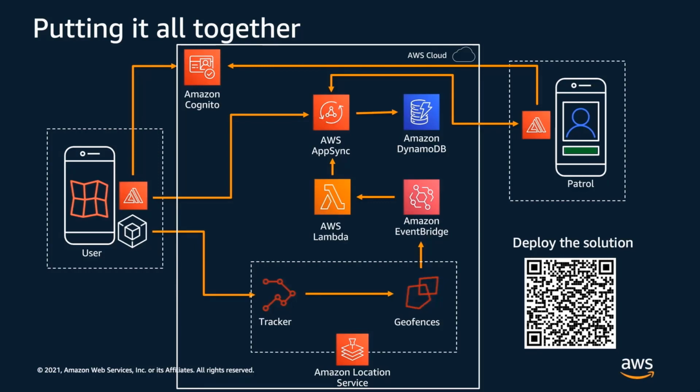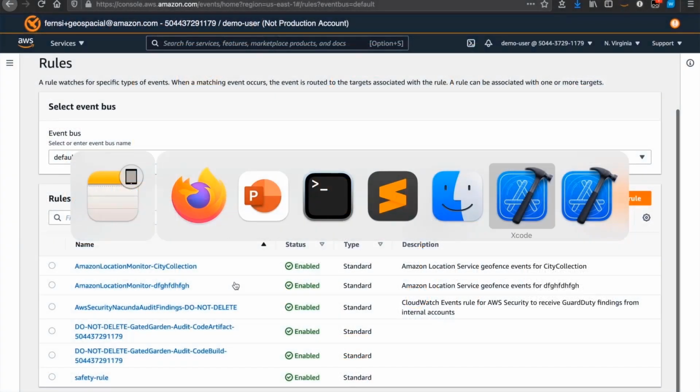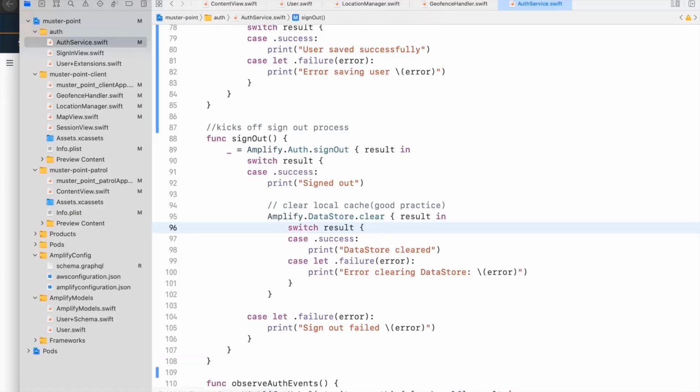Now, the last piece that I want to show you, let's go back to our code here, to Xcode, so we can take a look at what the code that collects the geofence looks like. I want to show you the code that also tracks the user and also the subscriptions. Let's start with the code that gets the geofences.